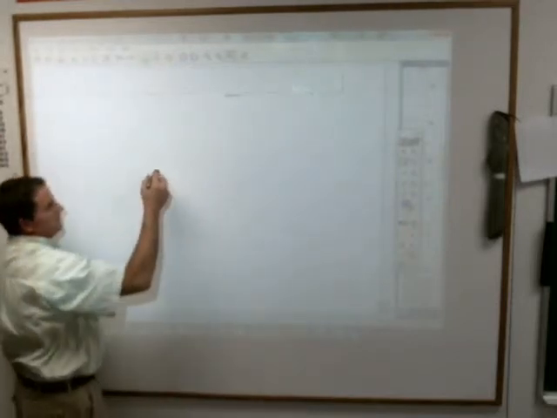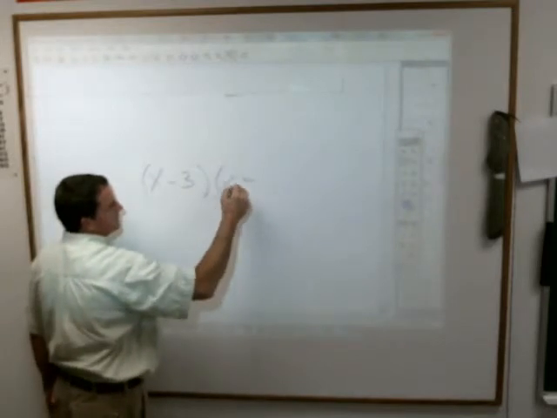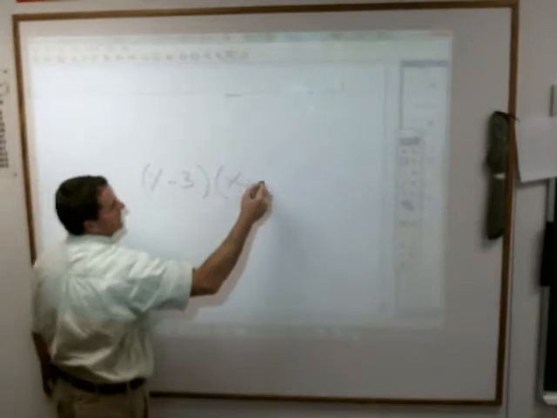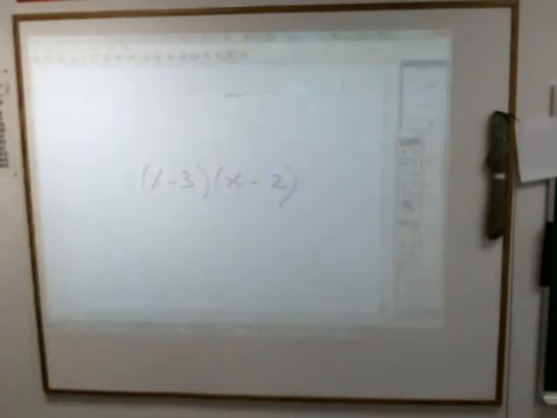I can tell it's getting good here. x minus 3 times x minus 2. Again, if you can see that, the answer to that is x squared minus 5x plus 6. Why? Because of FOIL.